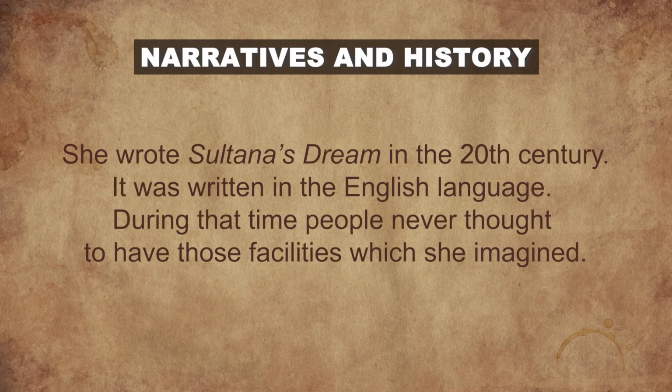As she wrote Sultana's Dream in the 19th century, it was written in the language English, and she talked about solar power, etc. During that time, people, they never thought to have those facilities which she imagined.